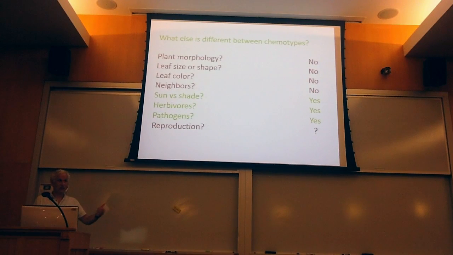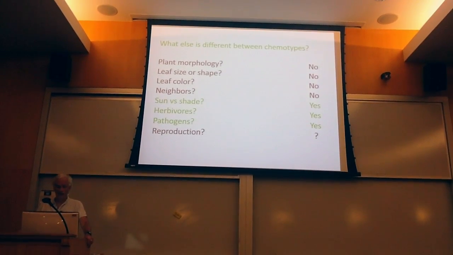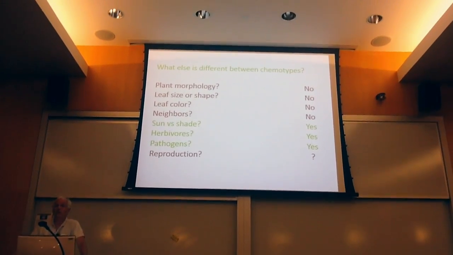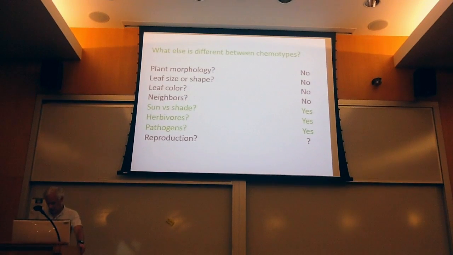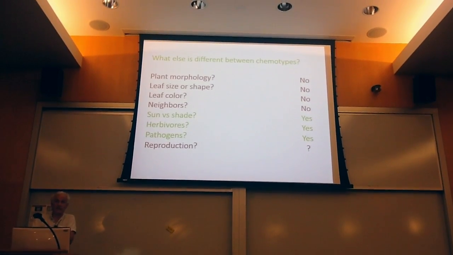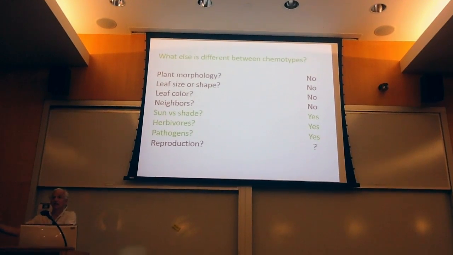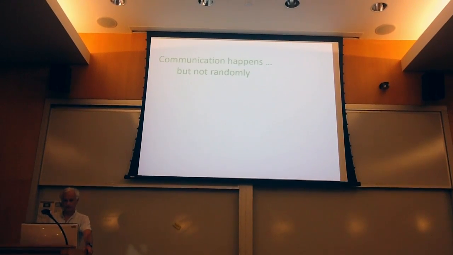That was last year. We looked at a bunch of meadows this summer, and that didn't seem to be the case. So we don't know what's different, but the herbivores and pathogens can certainly tell them apart. So something that we're not seeing, but they are sensing, is consistently different about these chemotypes, and this is something else that we'd like to follow up.